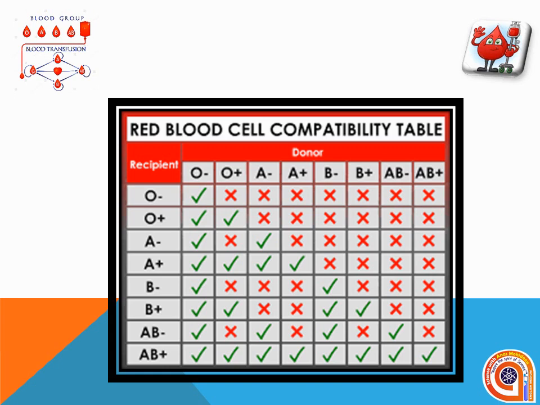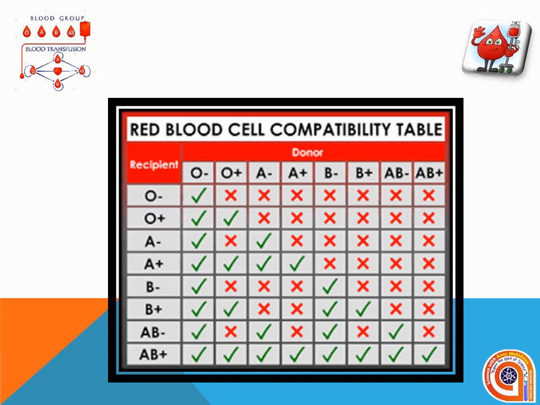And when we take blood group AB, AB could be donated only for AB. So AB minus could be donated only for AB minus and AB plus. And AB plus could be donated only for AB plus. And this is how blood becomes compatible concerning both factors, the blood group and the RH factor, during blood transfusion.